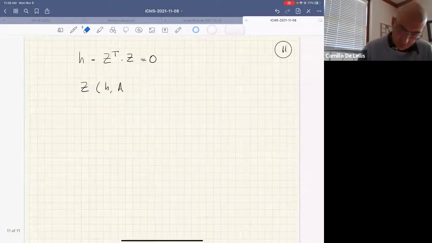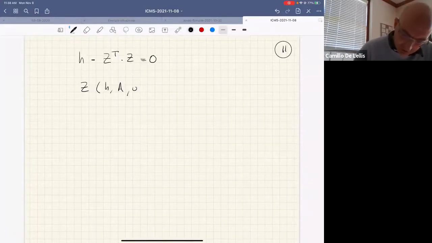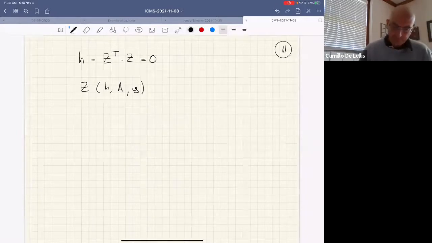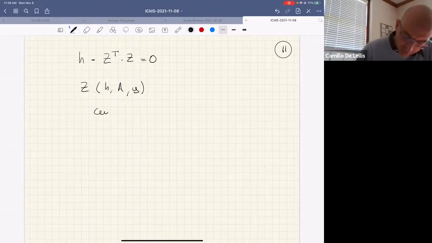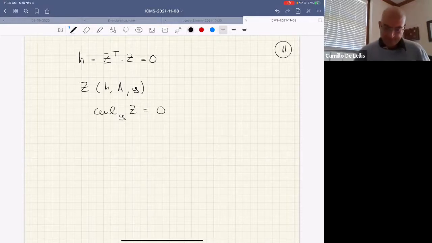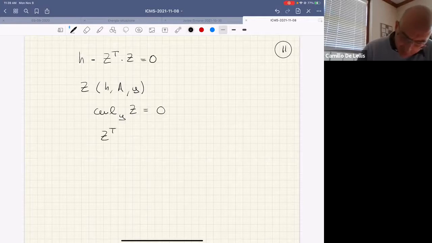That's fine by me. So I want a function which depends on z, h, and y. And what I want is that the curl of z in y is equal to 0, and z transpose times z is going to be this constant function h.